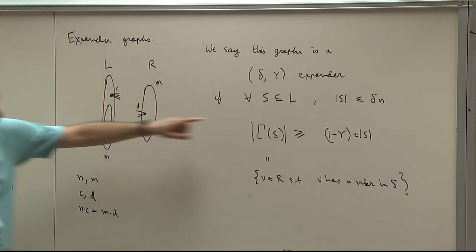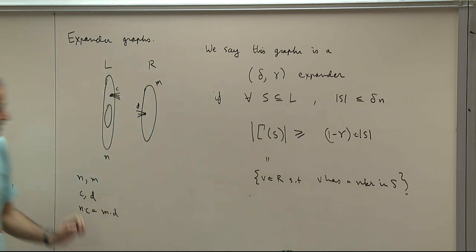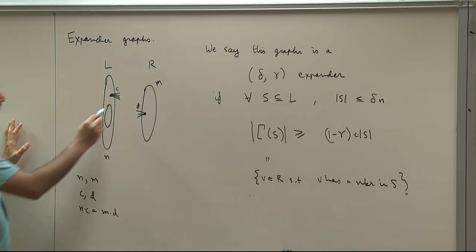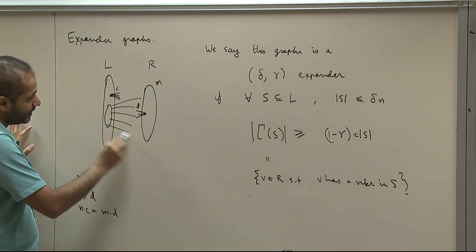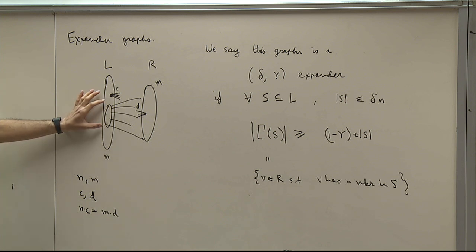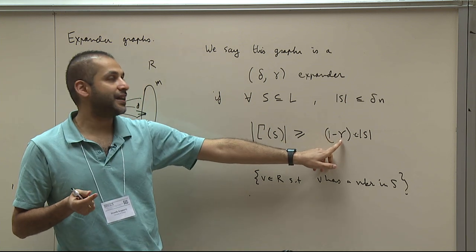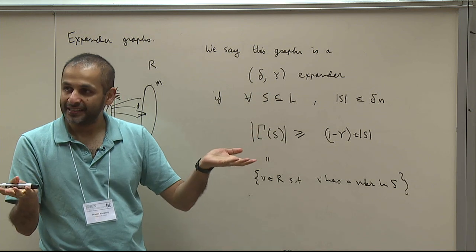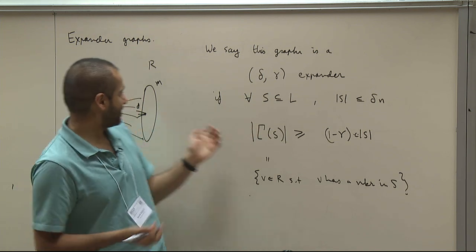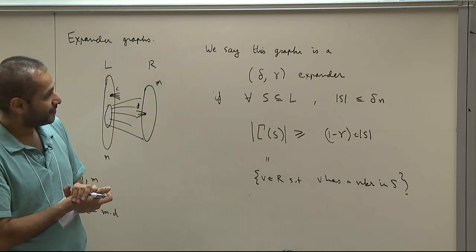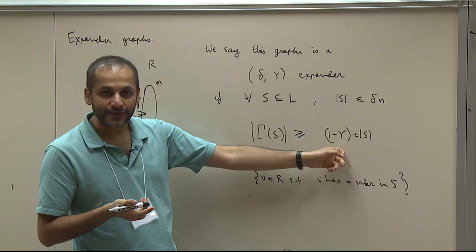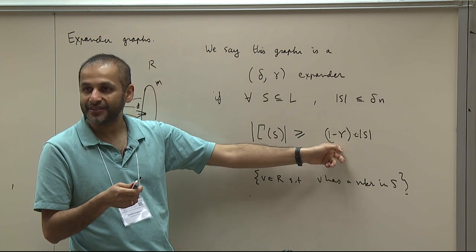Sets which are not too big, there's a delta sitting there, have many neighbors on the right. If gamma was 0, it would ask that all the neighbors are disjoint. That you can't have in this setup, but it's almost 1. And this you can have.